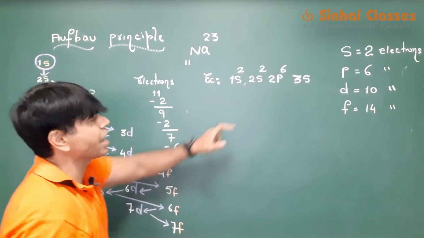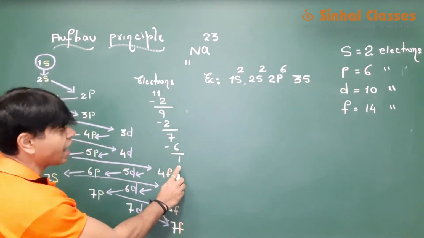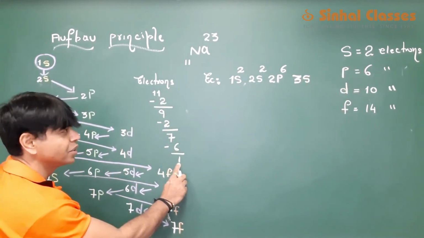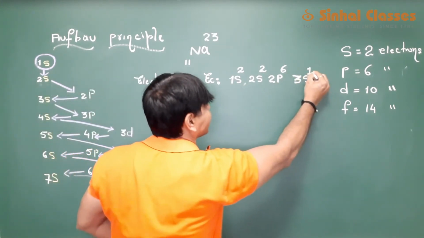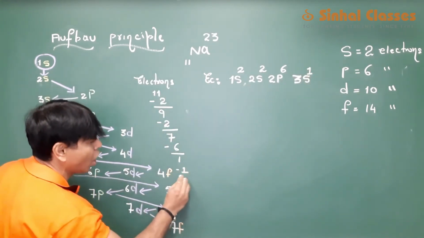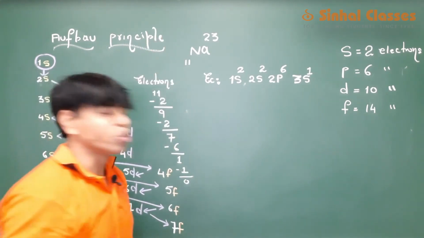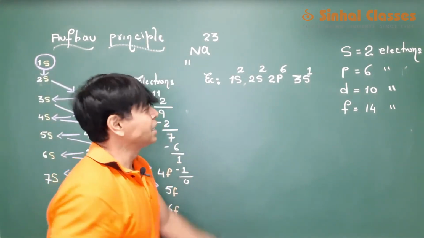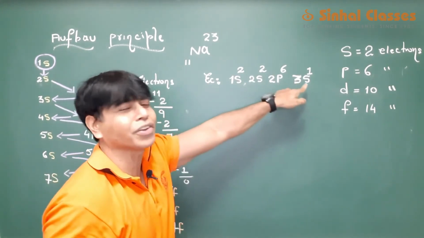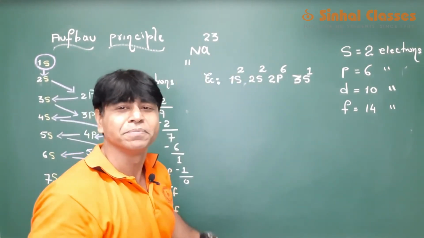S can accommodate 2 electrons, but we are left with only 1 electron. So you just write 1 here. So 1 minus 1, all the electrons are used up. Now no more electron is left. Now look at this. This is your electronic configuration for sodium.